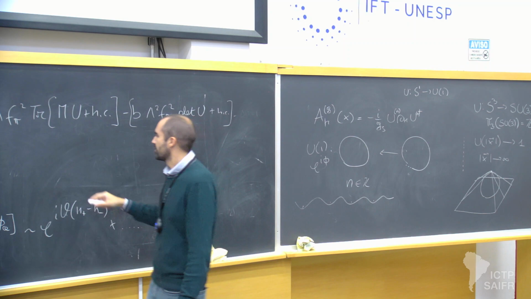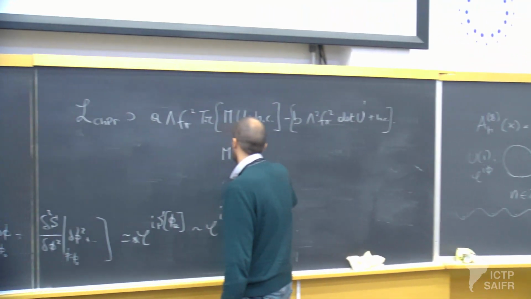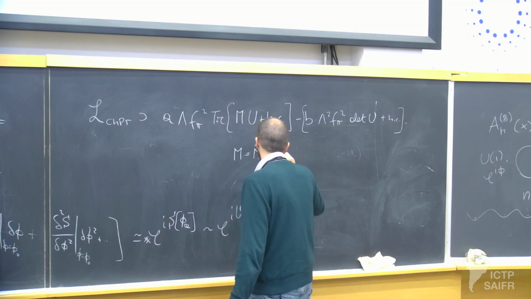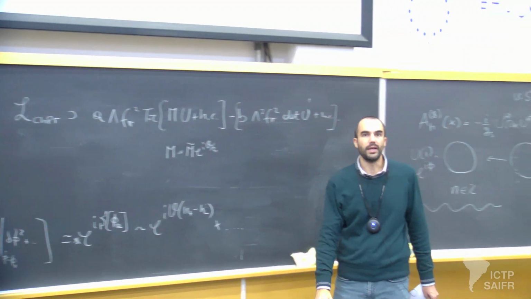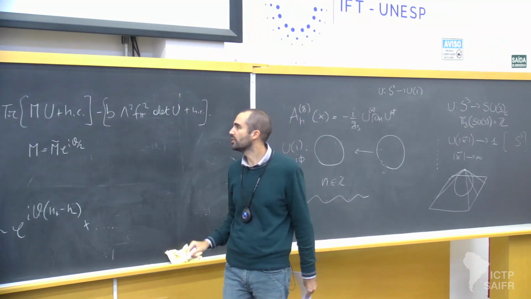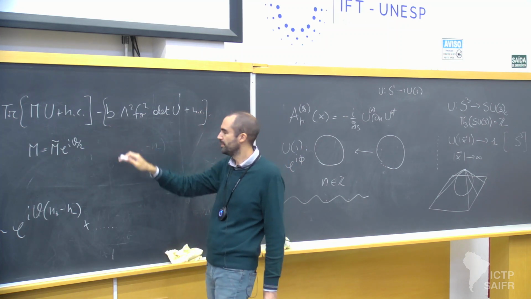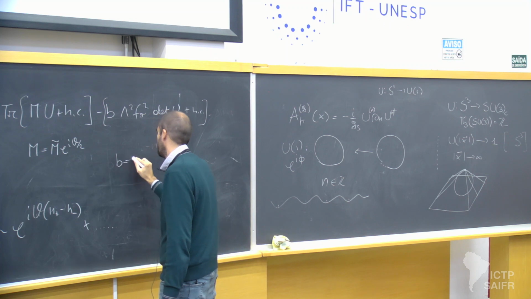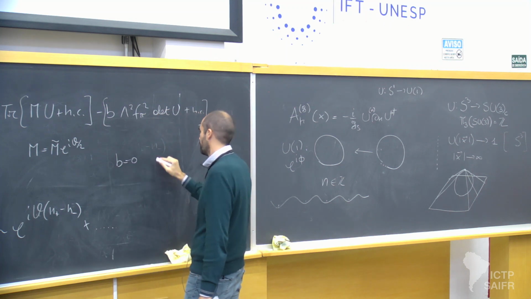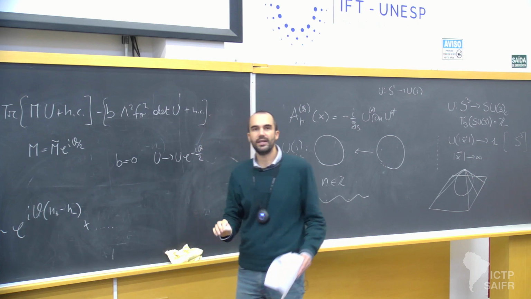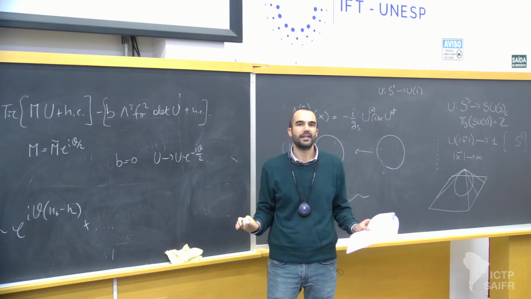And if you remember, yesterday we had put theta into the quark mass matrix. But imagine now that you're setting, say, this term to 0. Let's say that B is 0. If B is 0, you can always rotate U without touching anything else, and you eliminate theta from your theory.